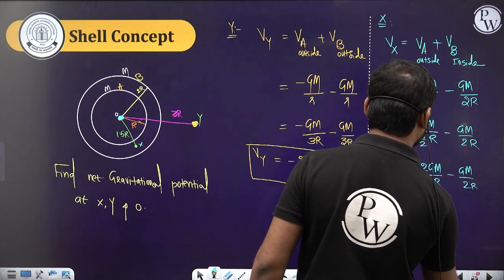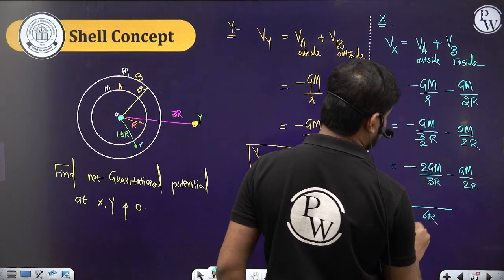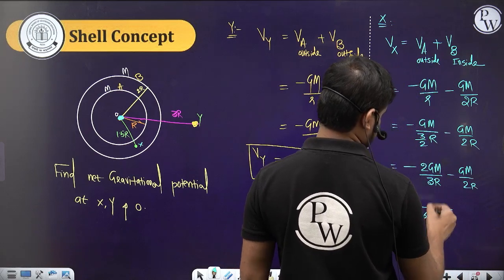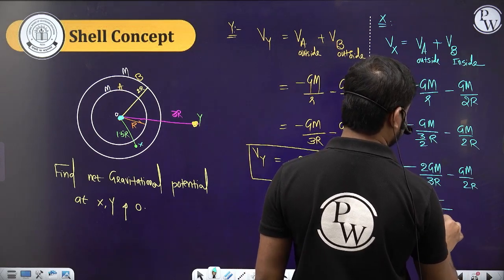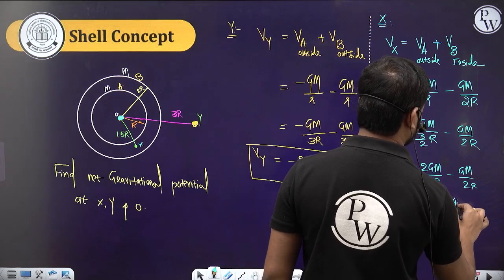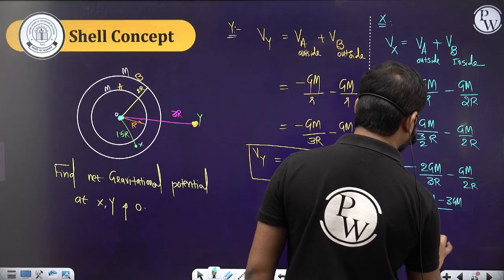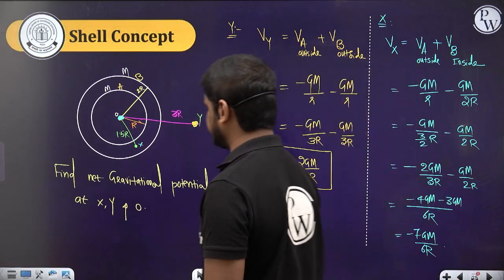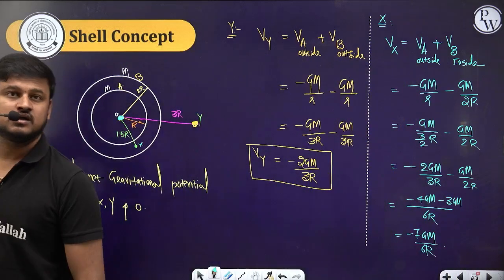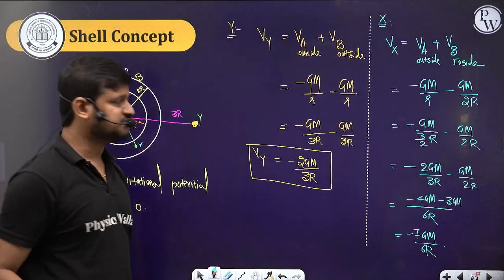The LCM is 6r. So 2 times: minus 4GM, and this is 3 times: minus 3GM. So which is minus 7GM by 6r. Done? Clear? Understood, guys, this part?